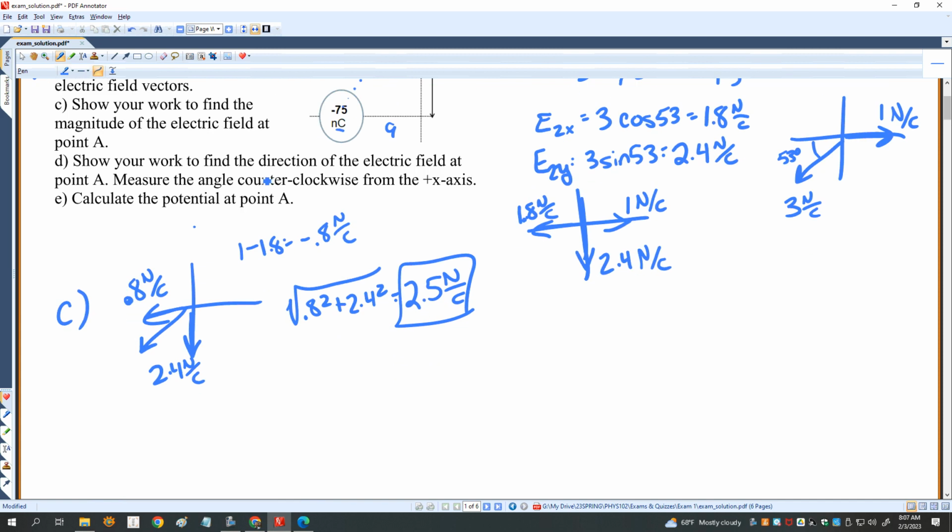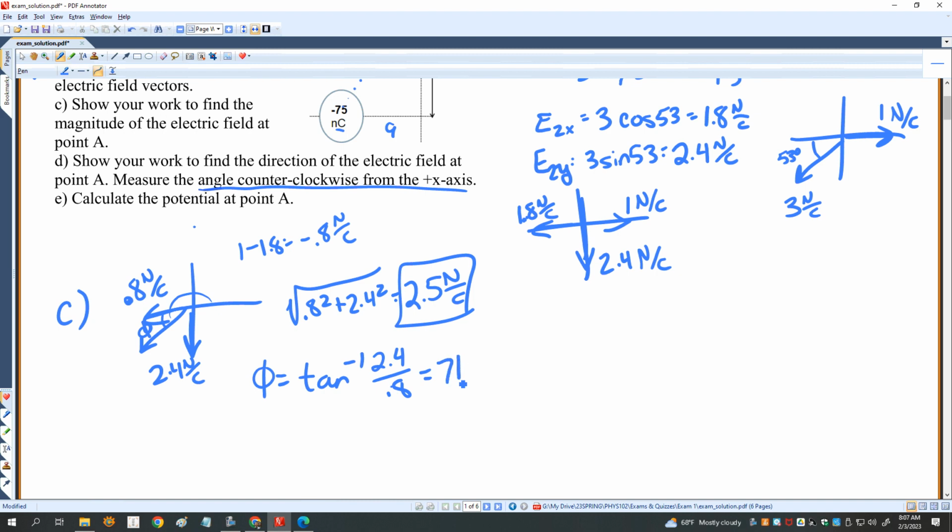And notice I want to find the angle counterclockwise from the positive x-axis. So that is this angle, but in order to find that angle, I first have to find this angle. I'll call it the angle phi. So phi is the inverse tan of opposite over adjacent. That would be 2.4 over 0.8. Not putting signs in there. I get 71 degrees.